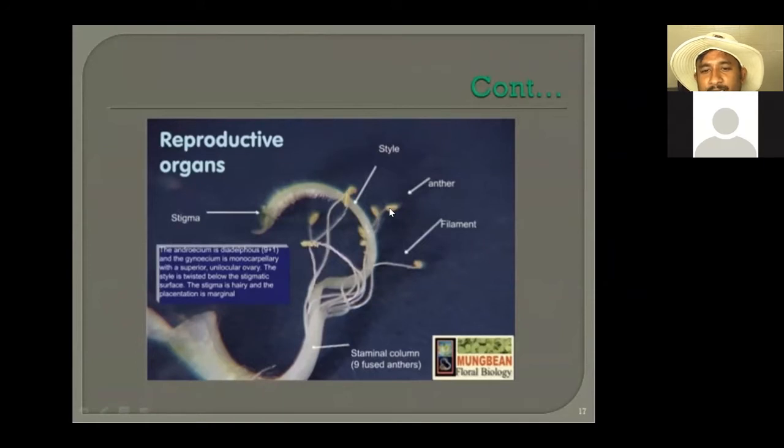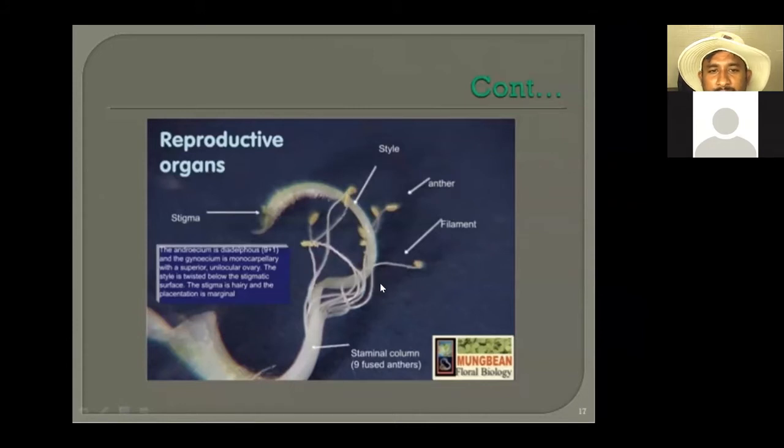Usually we have 10 stamens, where 9 are grouped together and 1 is separate. This condition is called diadelphous. We call it the 9 plus 1 condition.